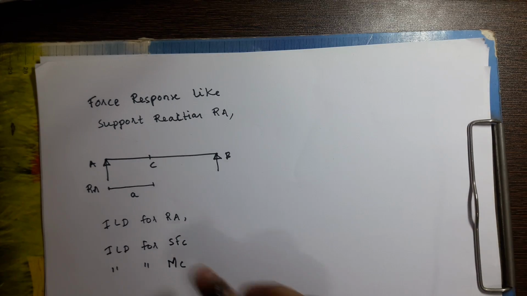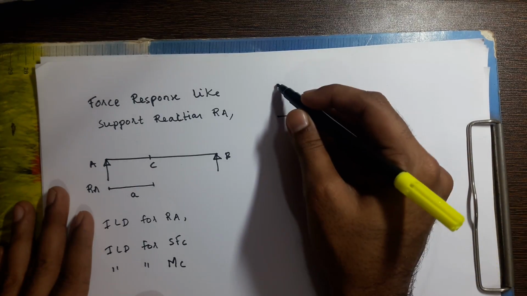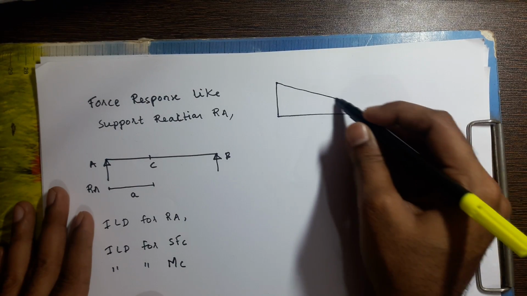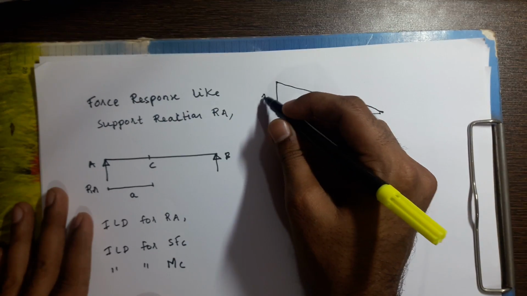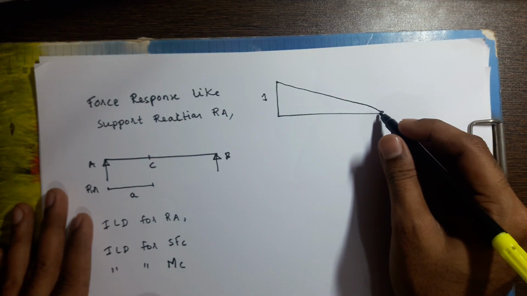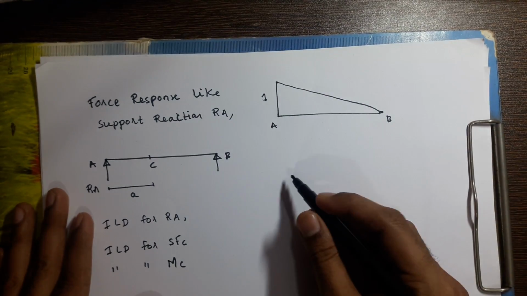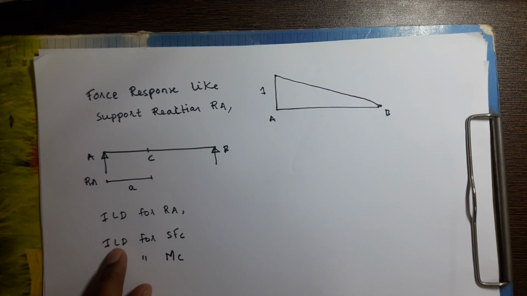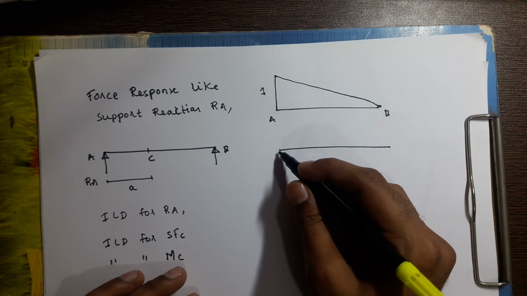So I will just draw what we have studied in the previous video. For RA, ILD influence line diagram is like this. One at A it is one unity, here it is 0, A, B. Influence line diagram for shear force at C is like this.